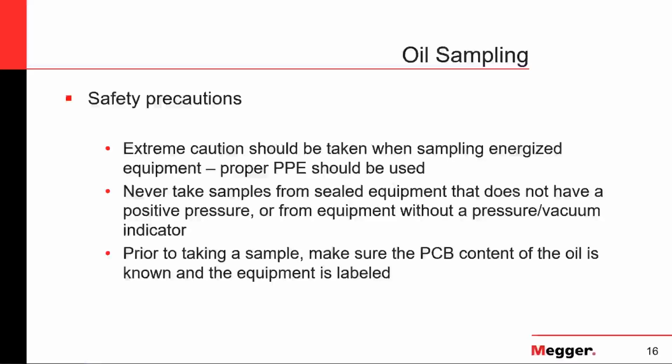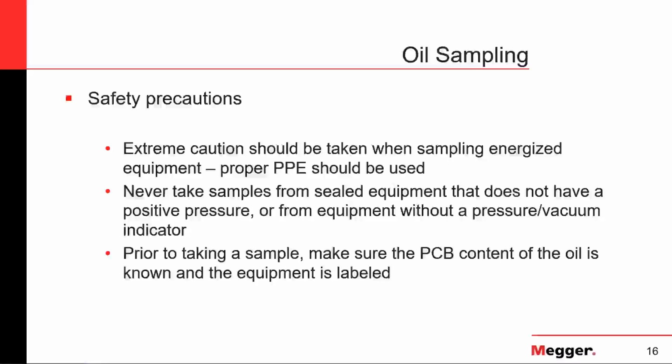Now, none of the standards I've been mentioning focus on safety, right? You will find those notes in the standards themselves, but they will also give us the most important guidelines, which I try to mention here. Of course, initially, extreme precaution and proper personal protection equipment should be used, especially when taking samples from energized equipment.